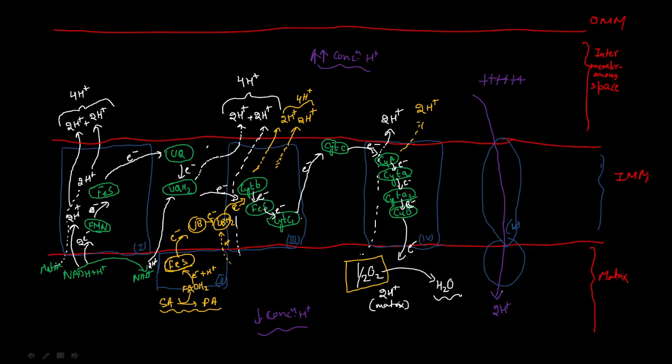At a single time, 2 protons are pulled from the intermembranous space towards the matrix, and since they move from higher concentration towards lower concentration, whatever kinetic energy is harvested is utilized in the conversion of ADP plus Pi to ATP.